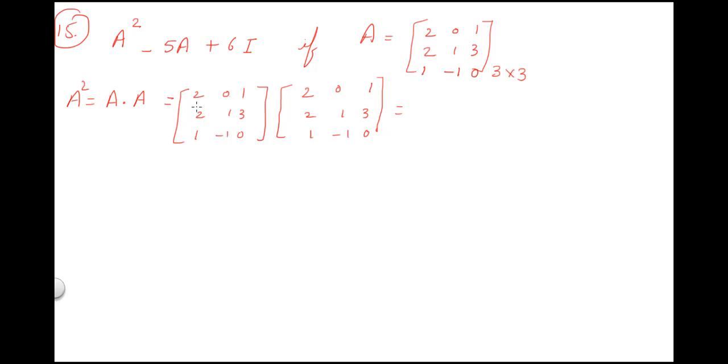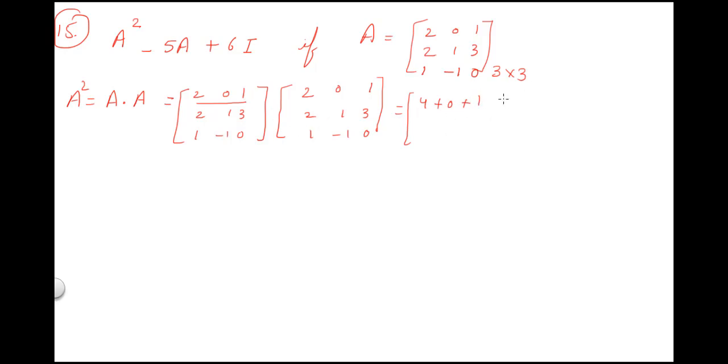Row wise and column wise we are going to multiply. This is the first row, and we multiply it with the first column. 2 cross 2 is 4 plus 0 cross 2 is 0 plus 1 cross 1 is 1. So you got the first element.